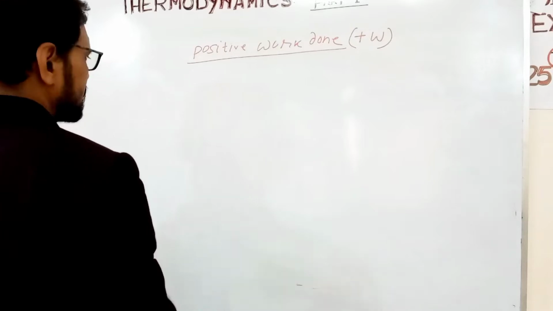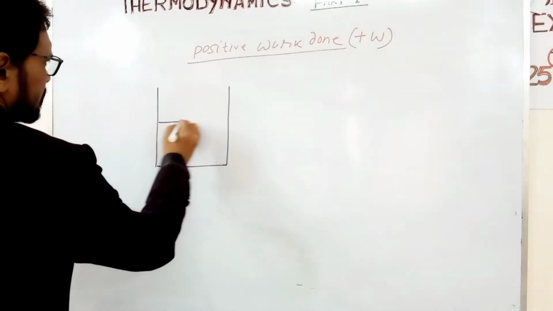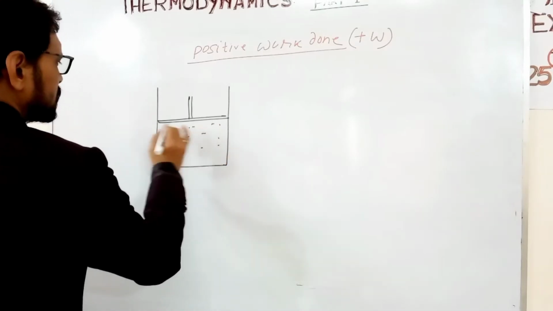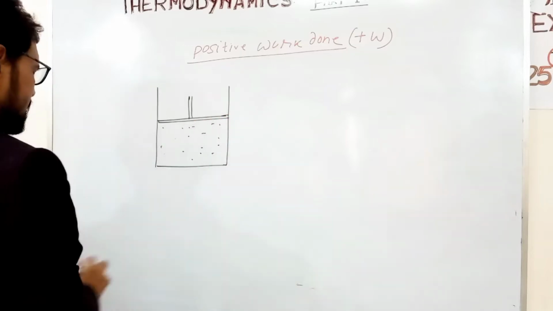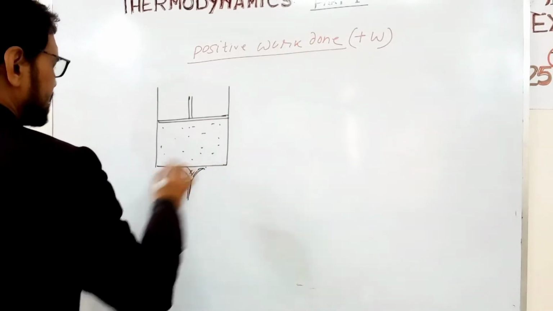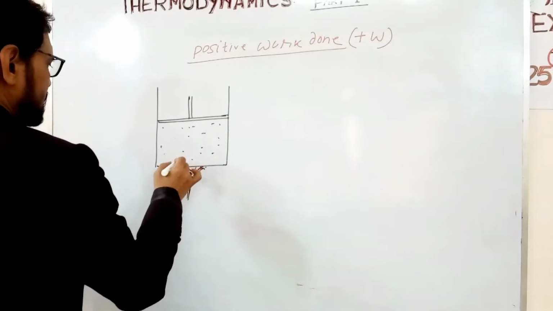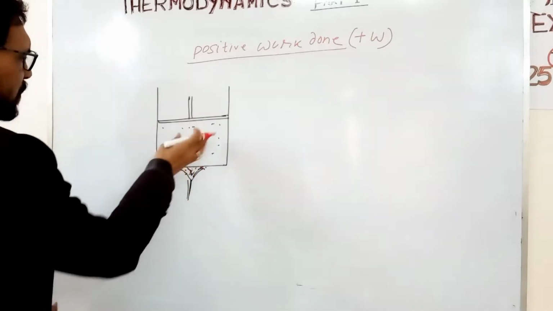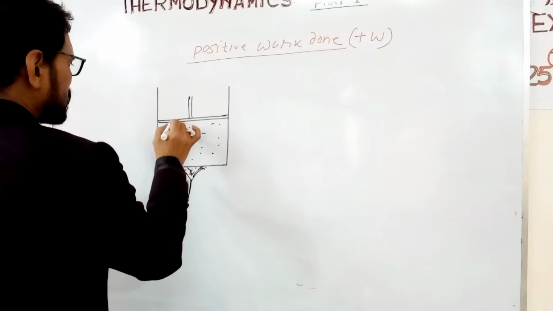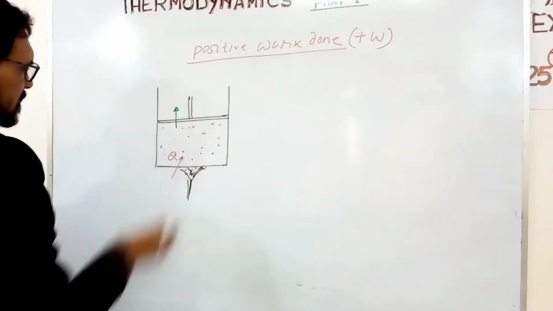Positive work done and negative work done. What is positive work done? Suppose a gas is enclosed within a cylinder with a piston. Now heat Q is supplied to the gas. Due to this, the pressure increases, so the piston moves upward and the gas expands.